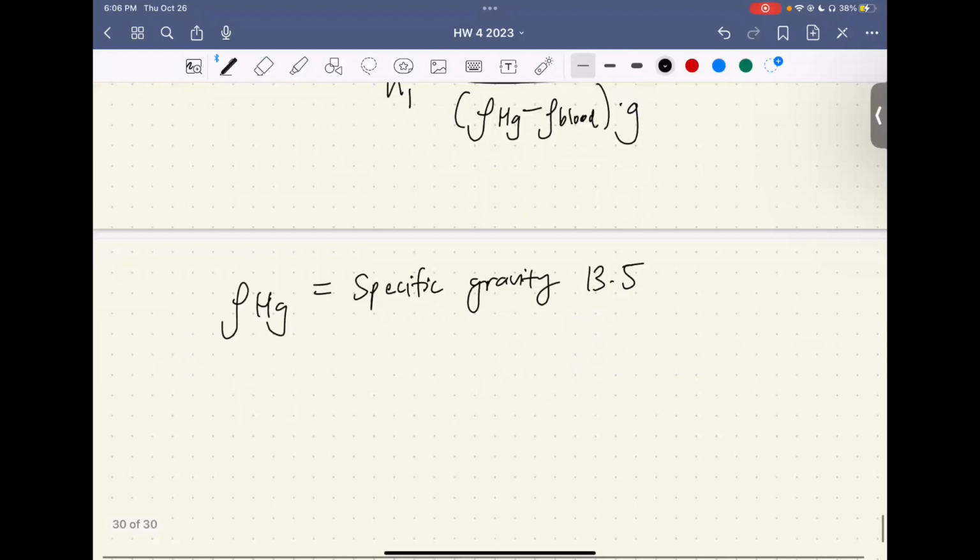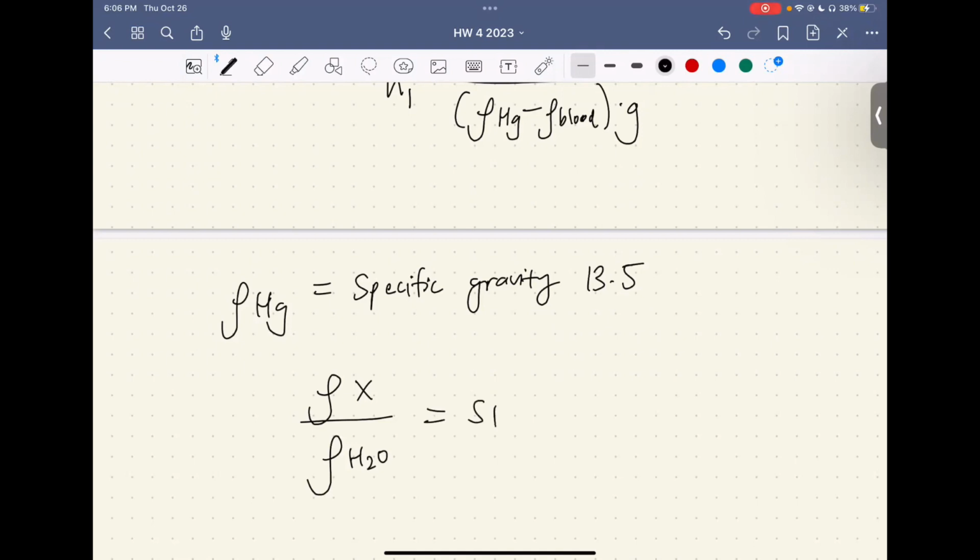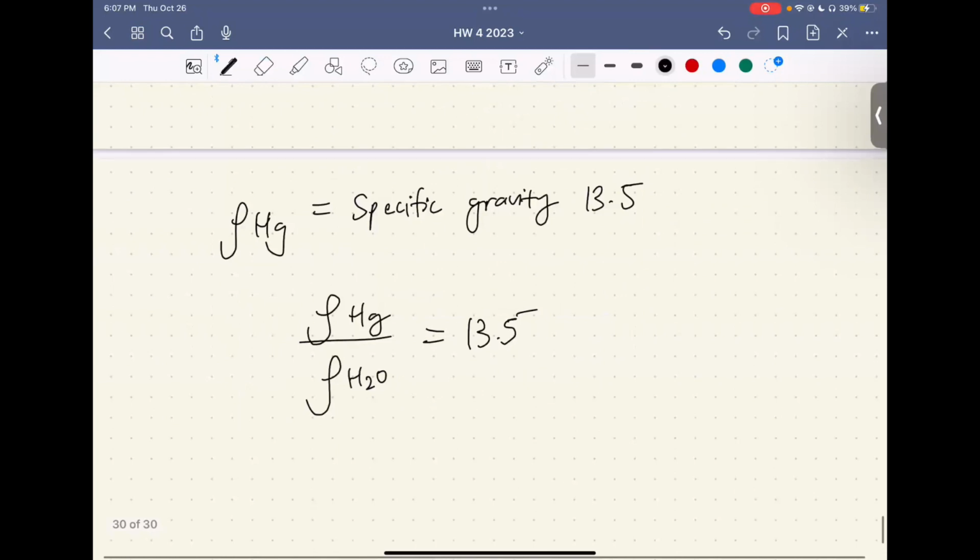Specific gravity is basically the rho of something over the rho of water, so it's a ratio with no units.